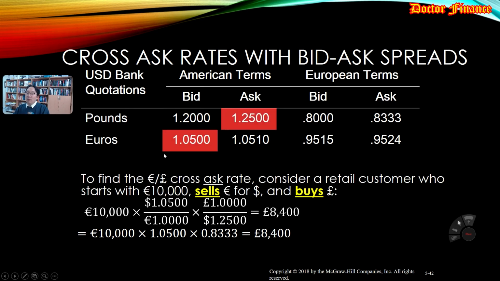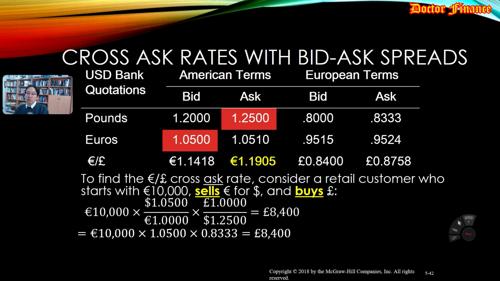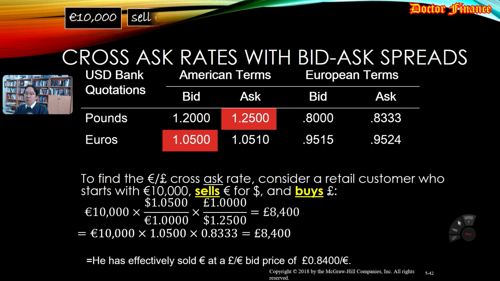And then now what about the ask price of euro to pound? Well, to find the euro to pound cross ask rate, consider a retail customer who starts with 10,000 euro and then sells euro for dollar, and then sells dollar and buys British pound. So he would sell euro at the bid price of 1.05 dollars per euro.